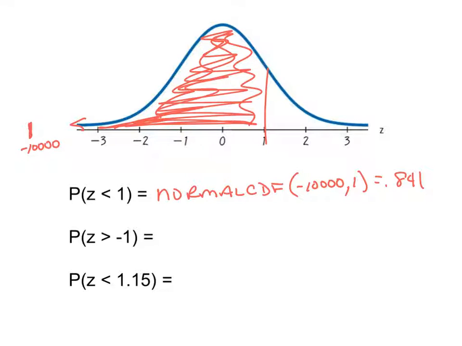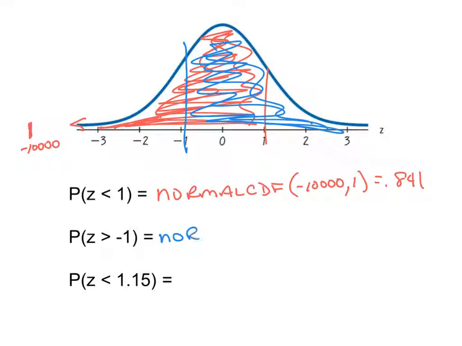Now what if I want to go to the right? What if I start at -1 and I want to go forever to the right? Well, if I do that on my normal CDF, remember you have to list these things in order on the number line, left to right. So now the -1 is my leftmost limit, but I'm going forever to the right.